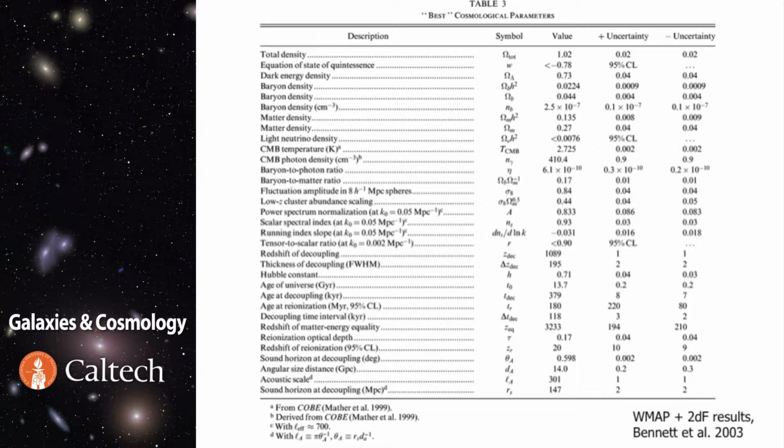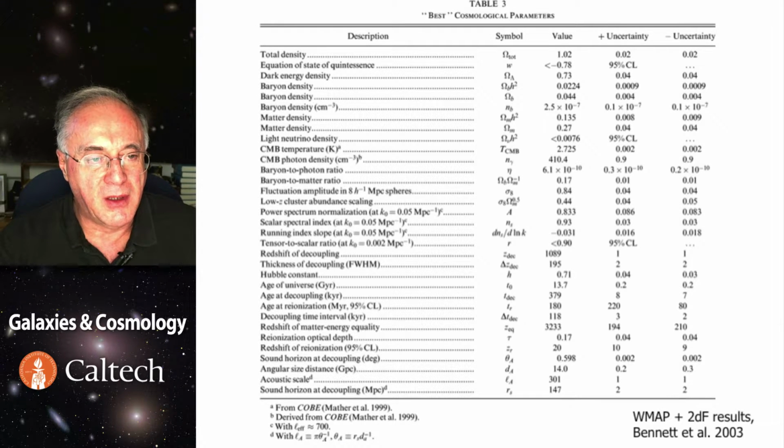So this is just to illustrate the great precision by which we know cosmological parameters. You can look through them, and there are many different ones, but they're roughly known with percent level precision. This is something that earlier cosmologists could only dream about. So cosmology is now a precision science, and we know properties of the universe with amazing accuracy.